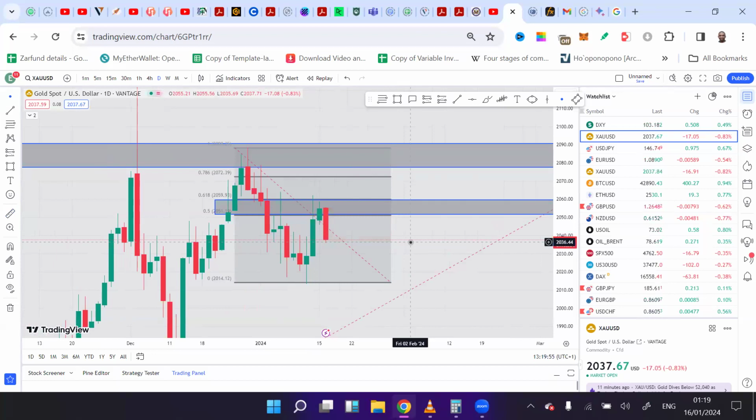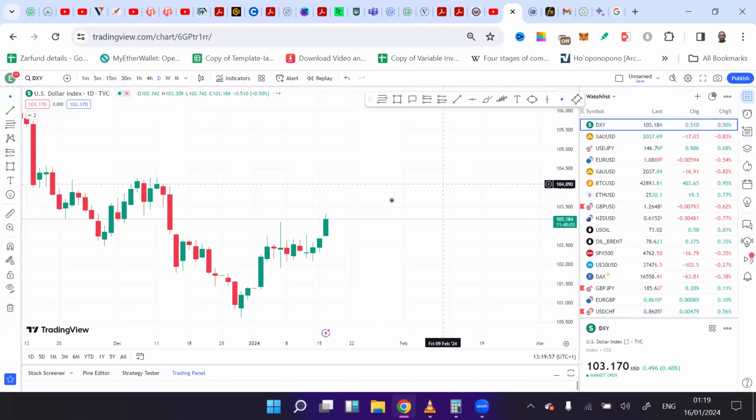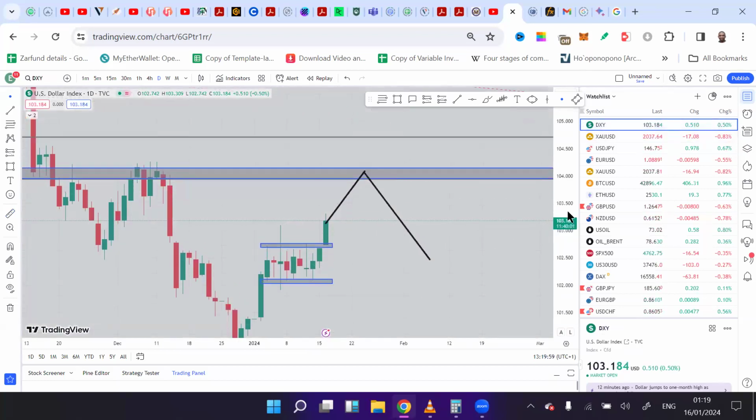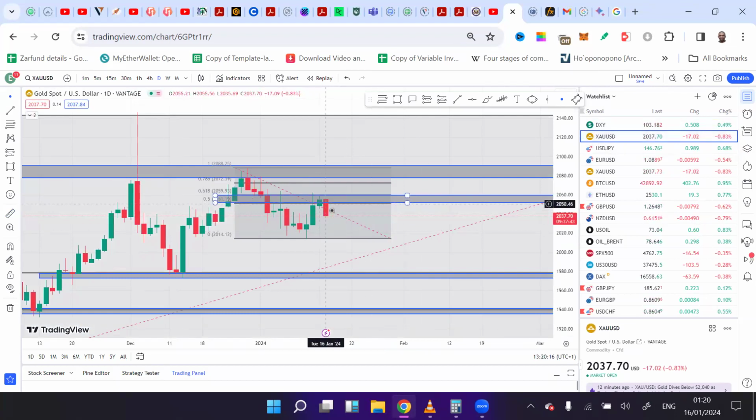The reason is because the dollar index eventually broke out of this range that has held it stuck for a while. Now it's going to keep going and it's coming to this top right here. As long as that is happening, we know that gold is going to keep selling.